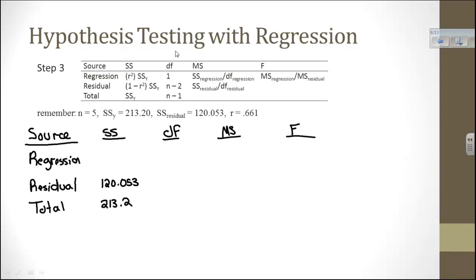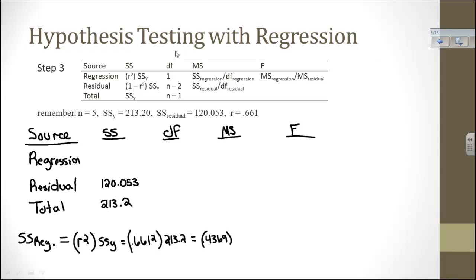So I'm going to do this calculation down here. Sum of squares regression, just so my table stays nice and neat. So R squared multiplied by the sum of squares y. So R was 0.661 multiplied by sum of squares y, 213.2. 0.661 squared gives you 0.4369.